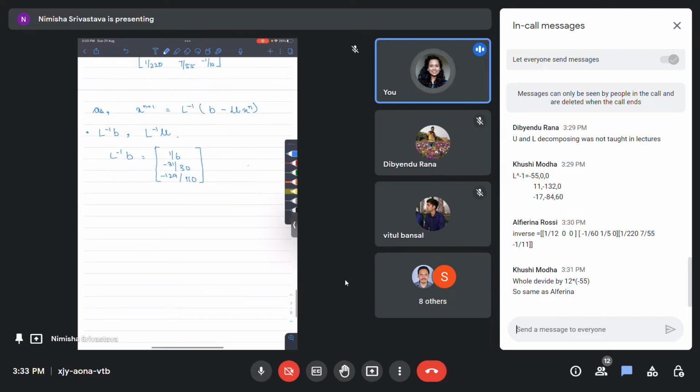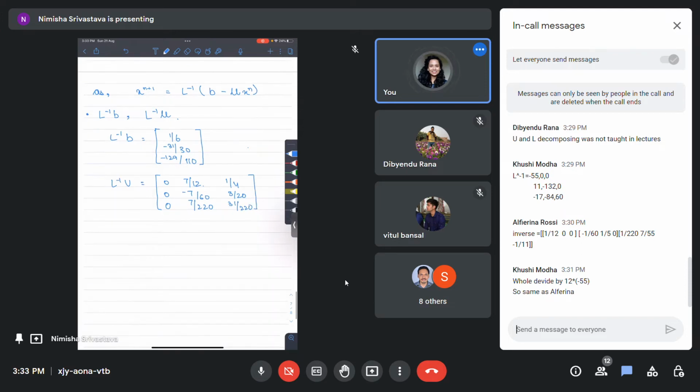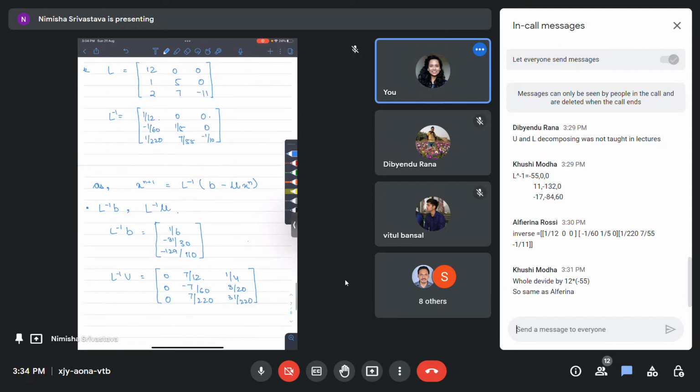Right. Then I need my L inverse U. This is what I have. You can check the values on your end. Fine.